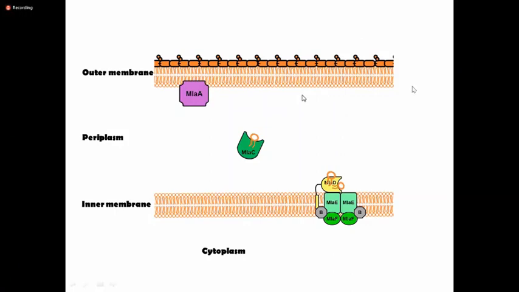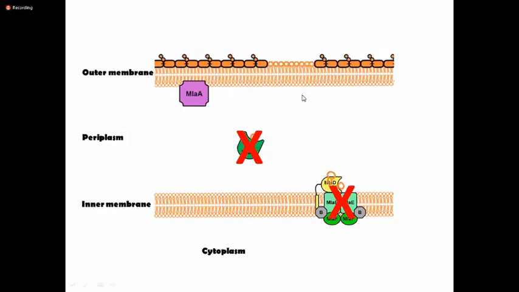But if we mutate any of these, we should see phospholipid accumulation. Now no asymmetry is maintained and there's no barrier function, so if antibiotics try to come in, they can easily come in and kill the cell. So if we delete any of these genes, we should see accumulation of antibiotics inside the cell.